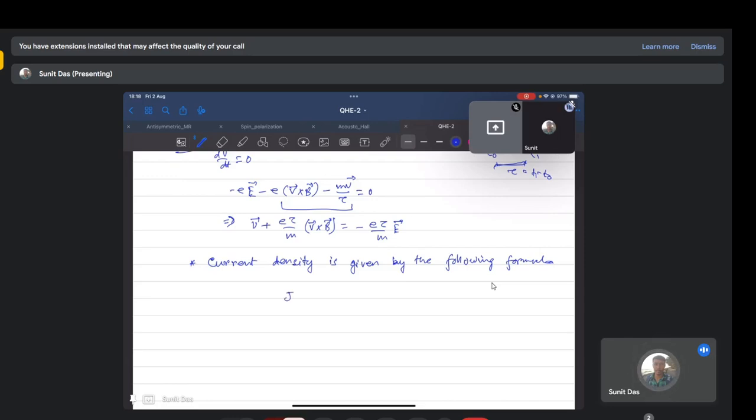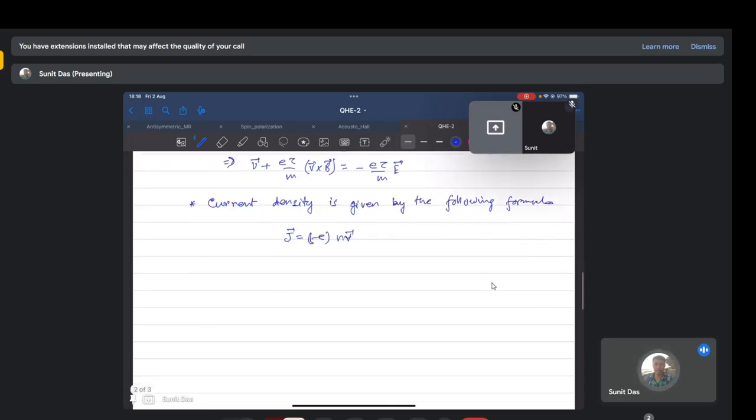So current density J is minus e n v. So e is the electronic charge, and then n is the particle density or electron density, and v is the mean velocity. Okay.